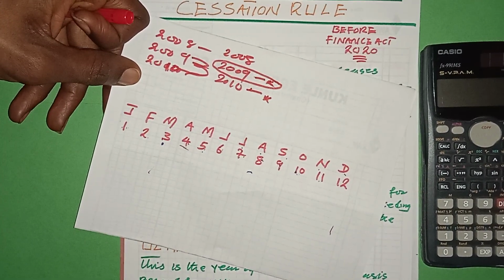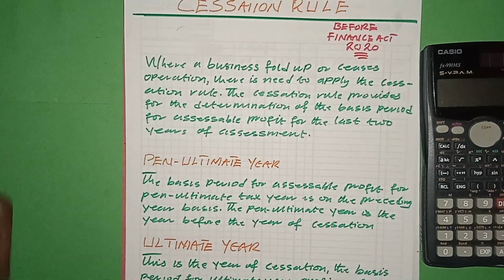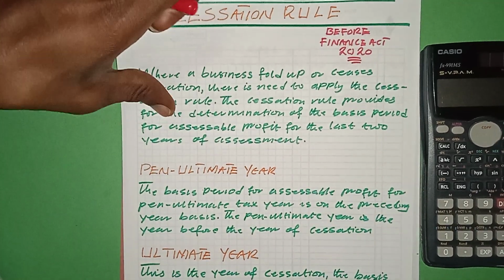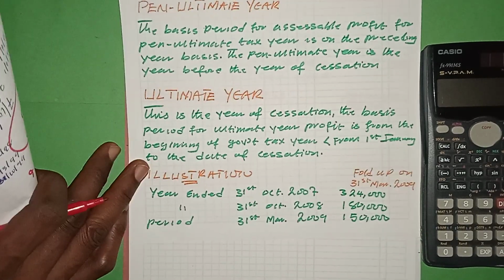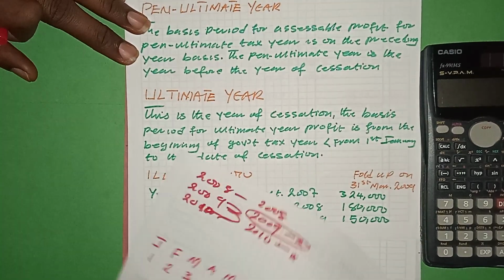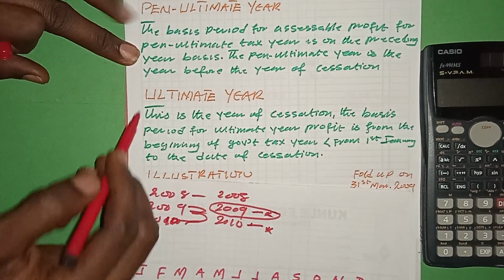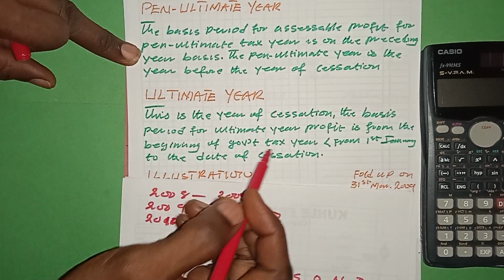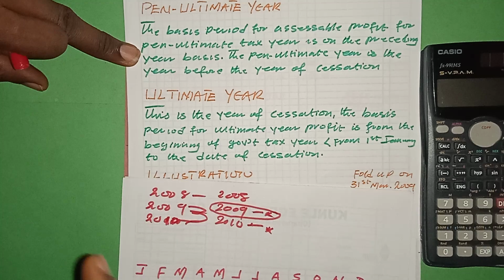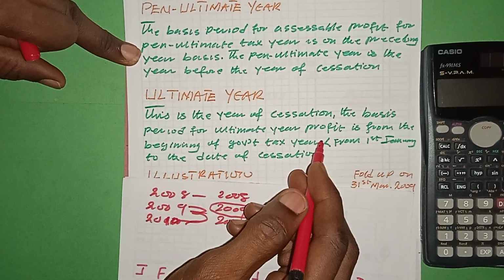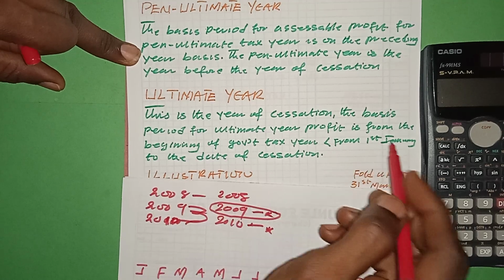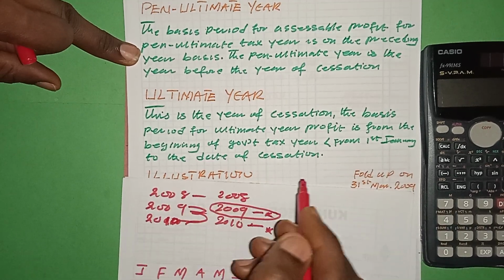You understand? Good. Let's see what the ultimate year is saying. Now, the ultimate year, this is the year of cessation. The basis period for the ultimate year is from the beginning of the government tax year.